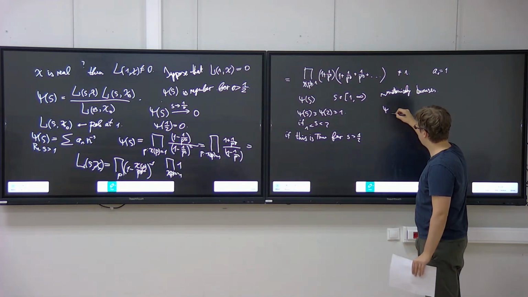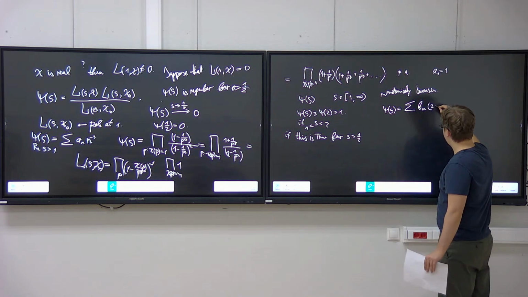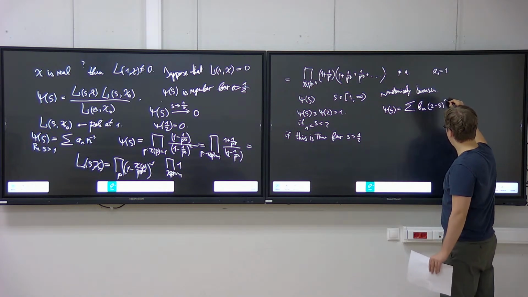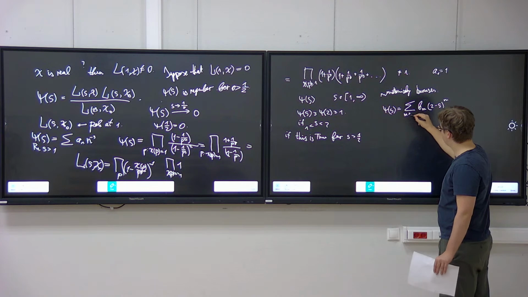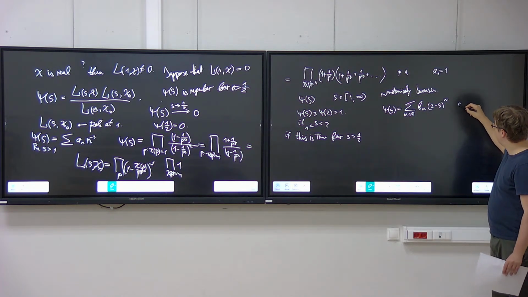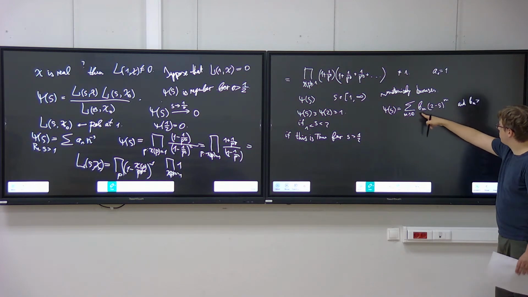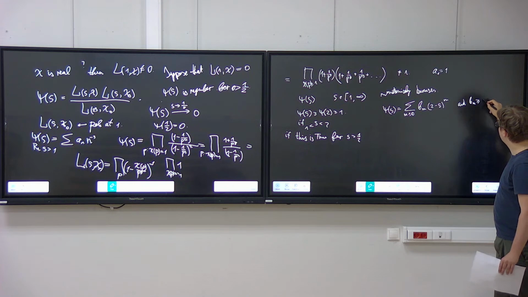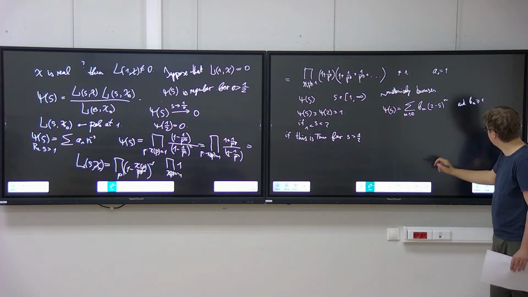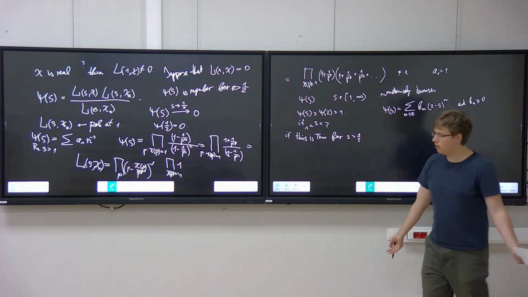So we want to write that psi of s is the sum of b_m (2 minus s) to the power m. And then if we know that all these coefficients are greater than 0, do you agree that we finish our proof?